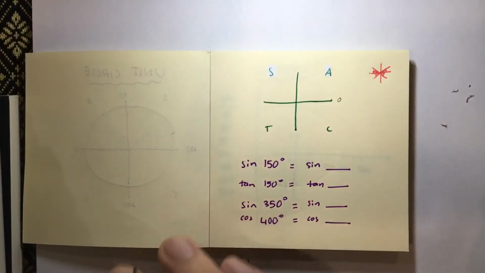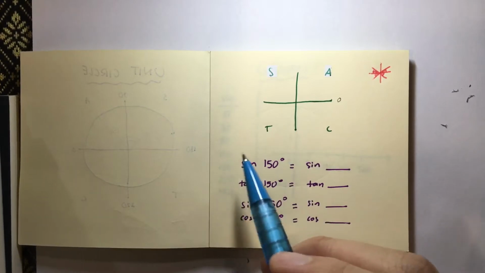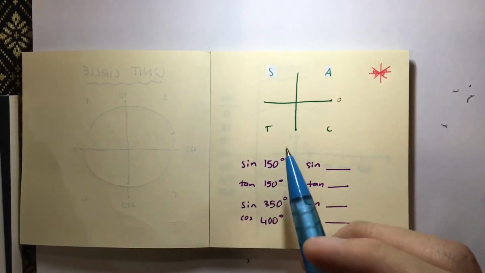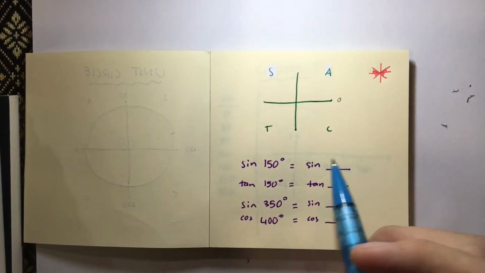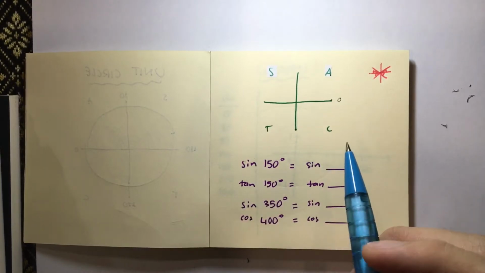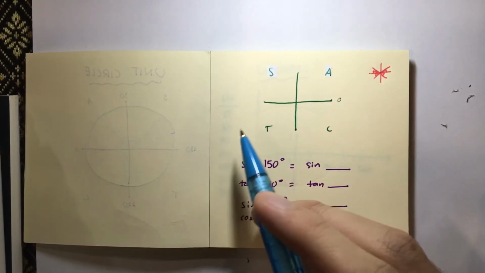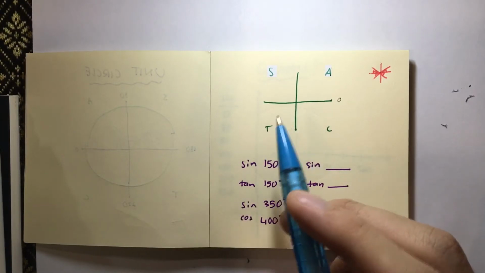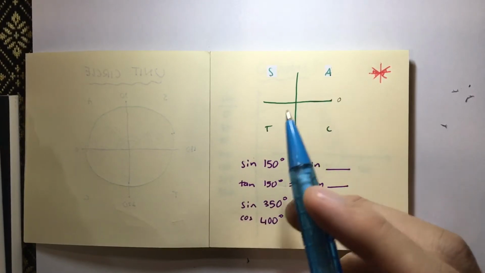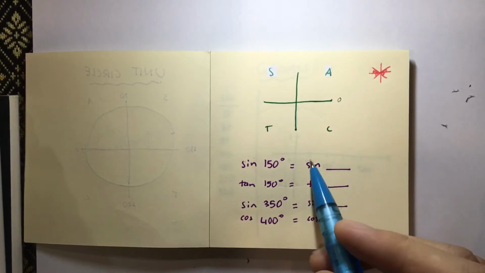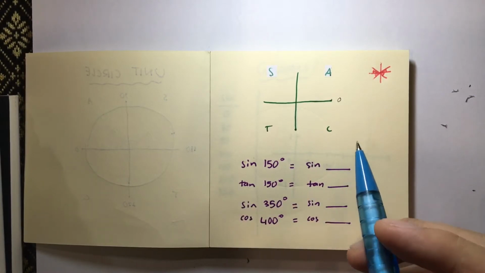So by now you should know that sine, cos, and tan have corresponding angles or equivalents. That means that sine of one number, 1 degree, might be equal to another sine. So for example, sine 150, as you saw before, is the same as sine 30.